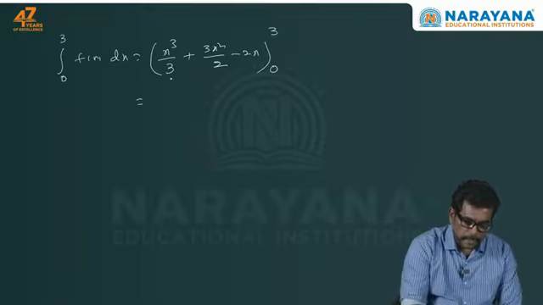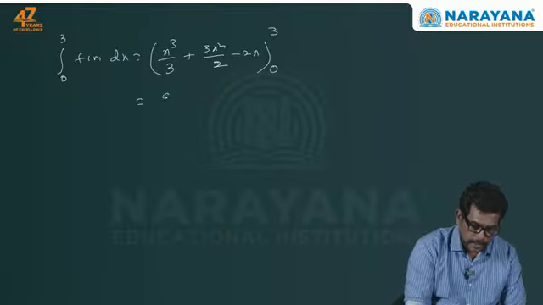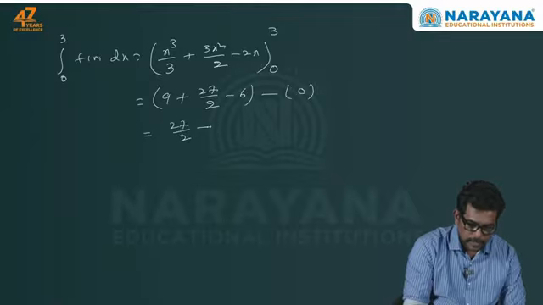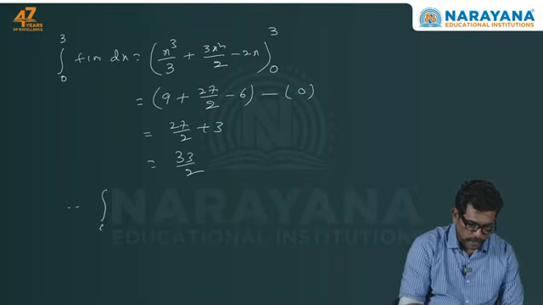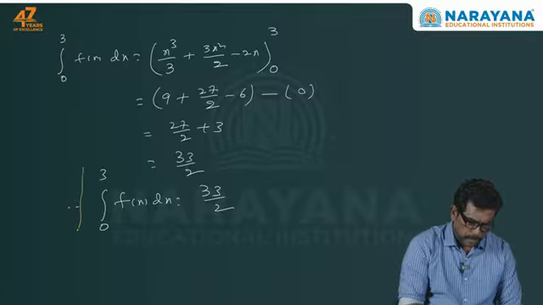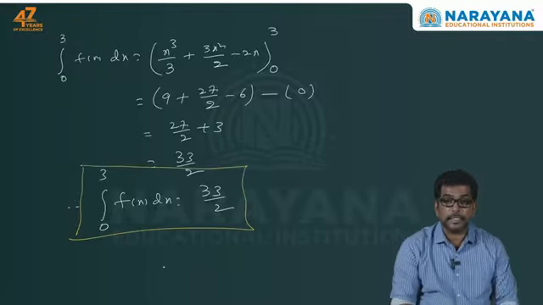Applying the upper limit, 3 cube is 27 by 3, that is 9, plus 27 by 2 minus 6, minus applying the lower limit 0, which becomes 0. This is equal to 27 by 2 plus 3, which is 33 by 2. So therefore integral 0 to 3 f of x dx is equal to 33 by 2. The level of the problem is simple, easy. It is the easiest problem.